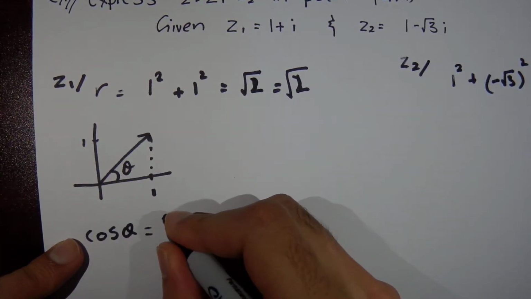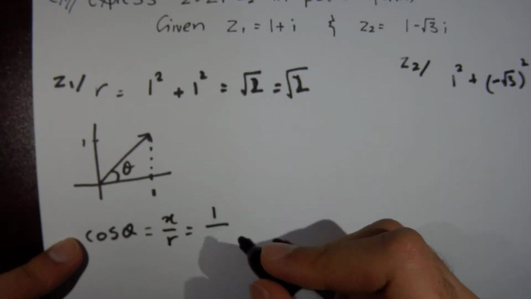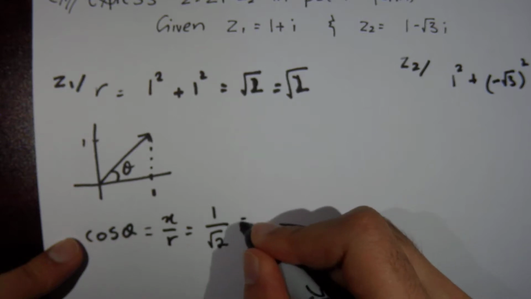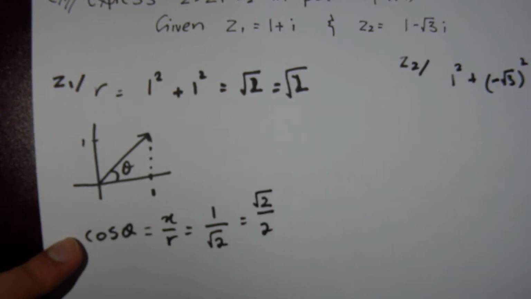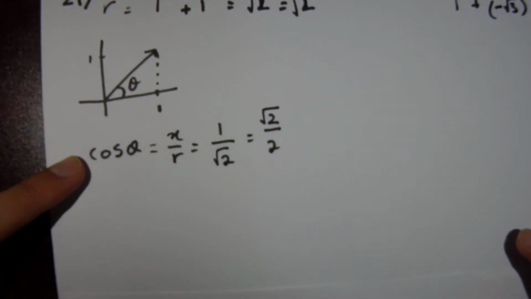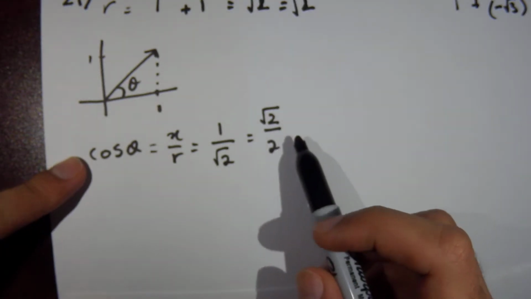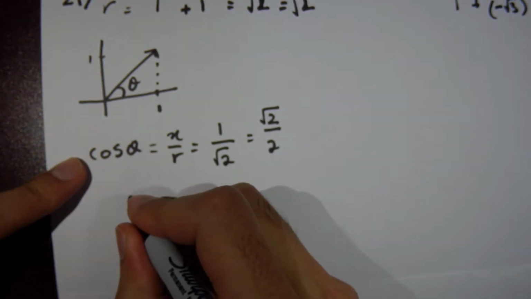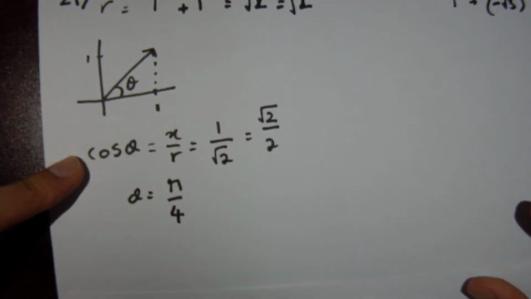Cosine of theta would equal x over r, which is 1 over our corrected r, radical 2, which is radical 2 over 2, that is. Again, this looks familiar. It's right out of a simple triangle, and our angle, without much debate, would be pi over 4, quite simply.